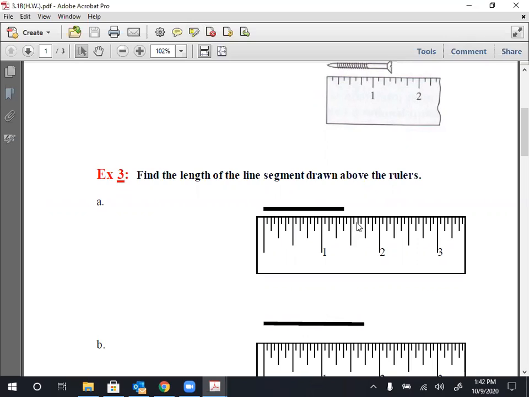That's one. 1, 2, 3, 4, 5, 6 marks. So that would be 1 and 6/16. Yes, 1 and 6 over 16.